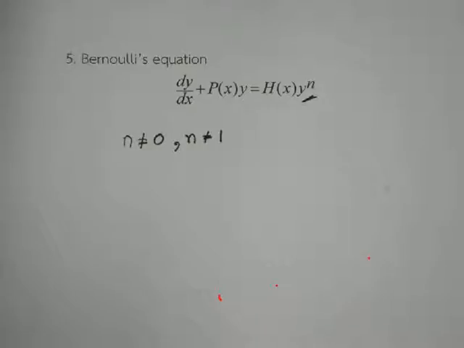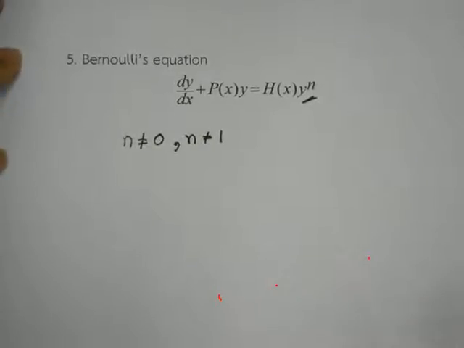It cannot be 1, but it can be 2, 3, 4, 5. It can be a fraction like 3 over 2, 5 over 3. And it can be a negative number, like -2, -3, whatever, except 0 and 1. Why 0 and 1?